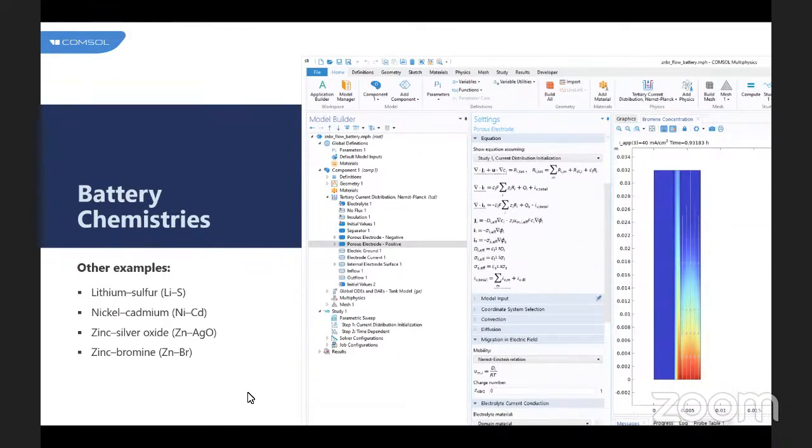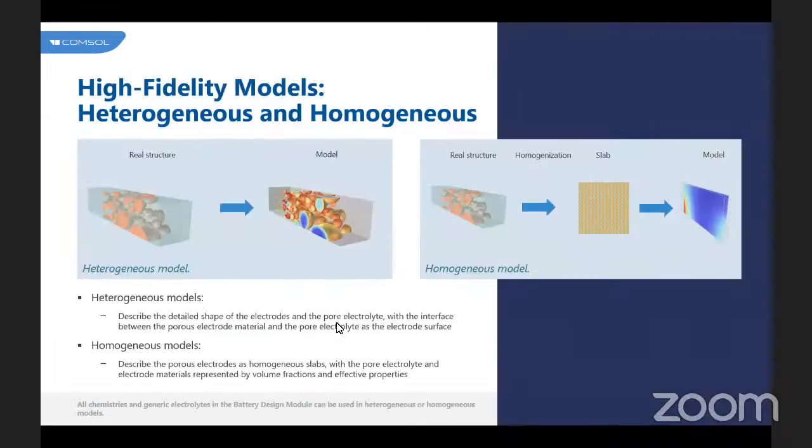So these are some other common battery chemistries available. Again, to re-emphasize, different fidelity models can be done, like a high fidelity model, which captures all the details. That is a heterogeneous model.